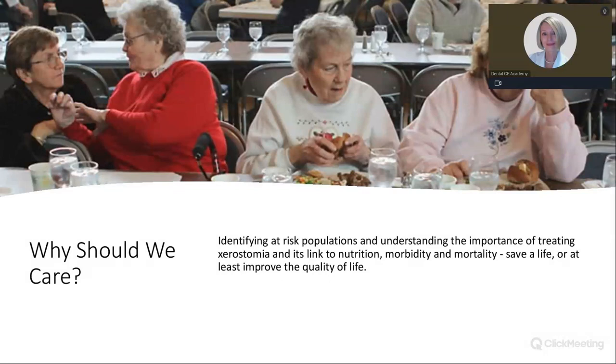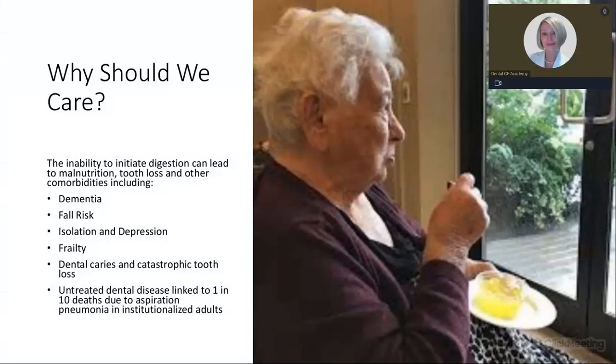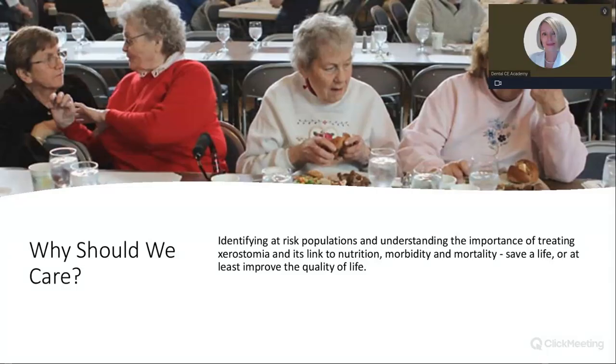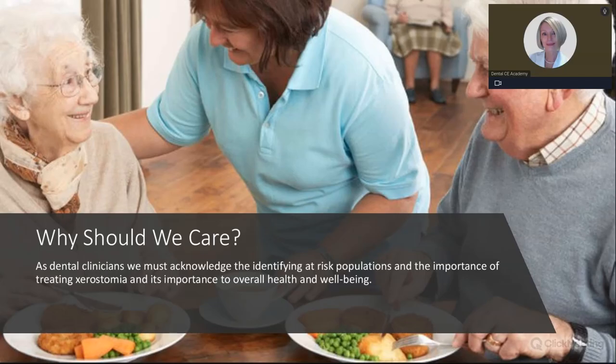If the patient's isolating, if they're in their room because they're not able to chew their food or swallow their food, that's a red flag. And that's oftentimes when we get called and when the physician gets called. So identifying at-risk populations and understanding the importance of treating xerostomia and its link to nutrition, morbidity, mortality, we may save a life, or at the very least improve the quality of the life of these patients.